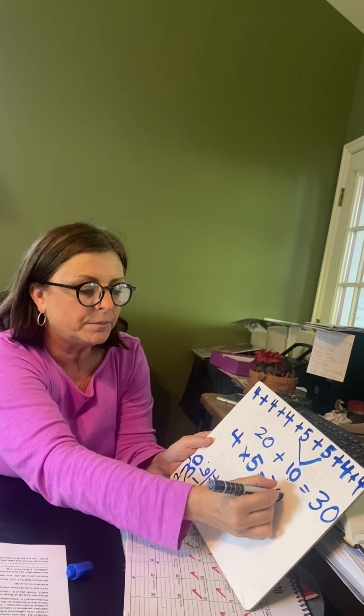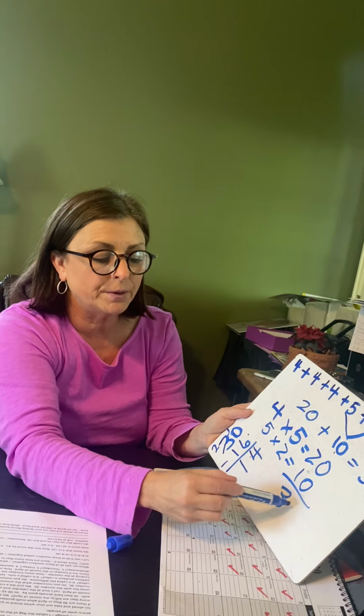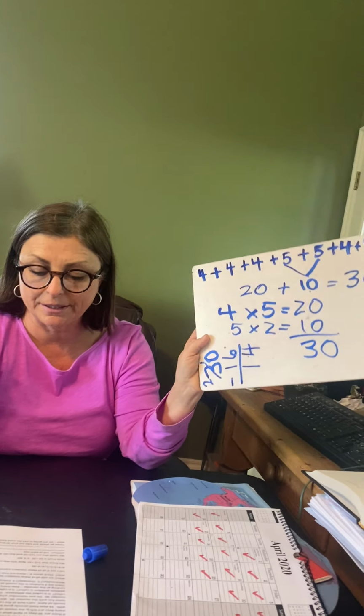It's a shorter problem. And 5, how many 5s were there? 2. 5 times 2 equals 10. And there's that number again. 20 plus 10 equals 30. So keep working on that multiplication, and just remember, it is a shortcut to adding.